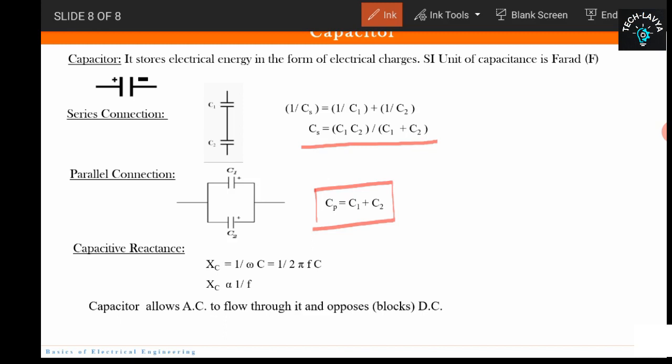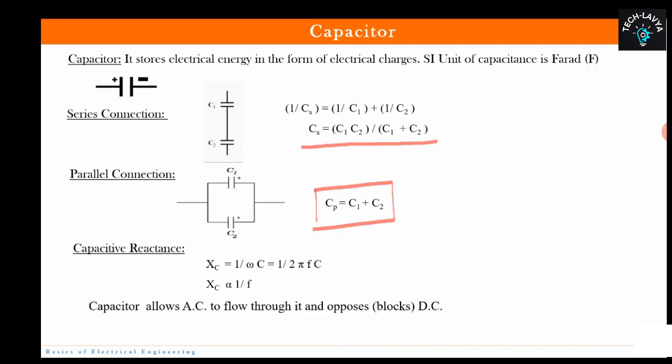Now next, talk about capacitive reactance. In a similar fashion, capacitive reactance is the opposition which is offered by the capacitor. In simple language, capacitive reactance is nothing but the resistance offered by the capacitance. Here reactance is again represented by X and subscript C is used to denote capacitance.